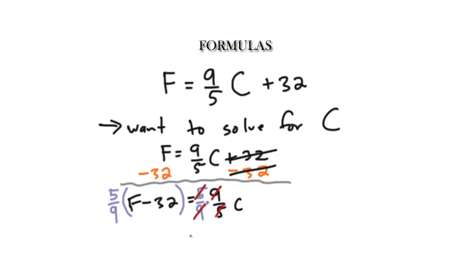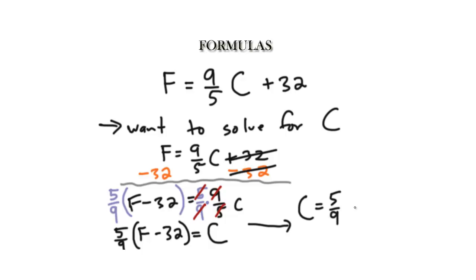So now we can write this as C on the right, and it's going to be 5 over 9 in parentheses F minus 32. So I can rewrite that as C equals 5/9 in parentheses F minus 32.